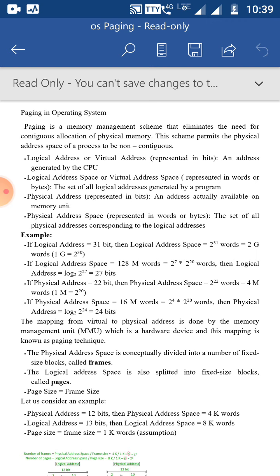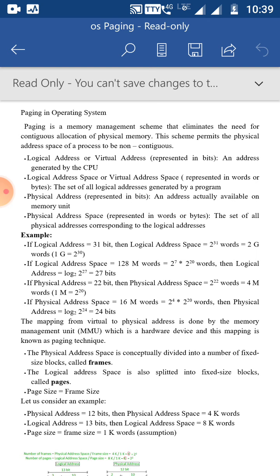Logical address divided by page size gives the page number. Logical address mod page size gives the page offset.